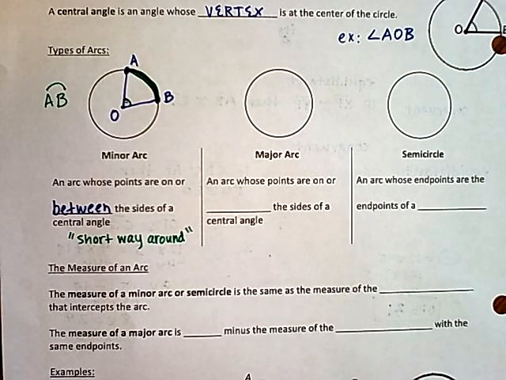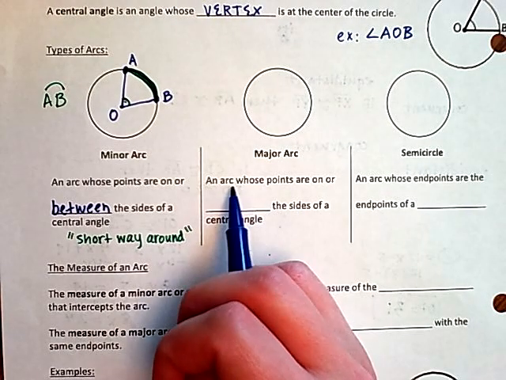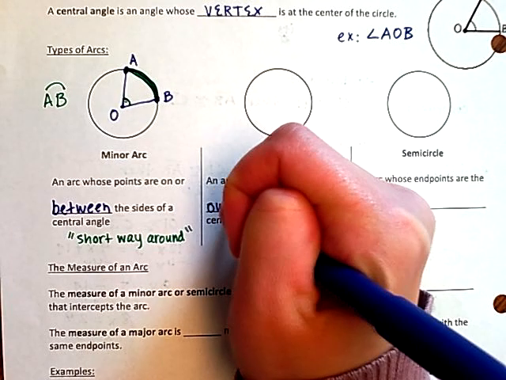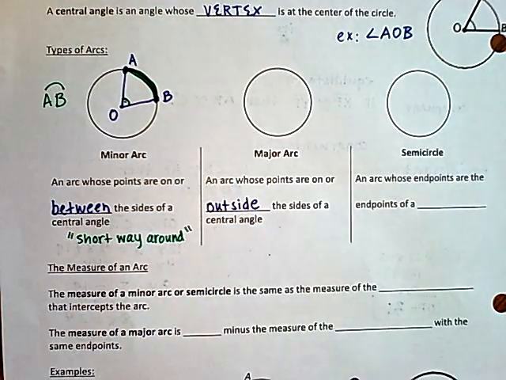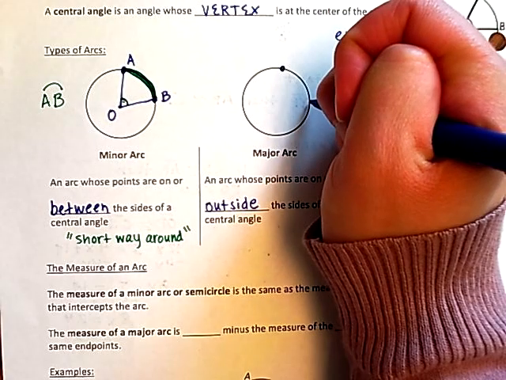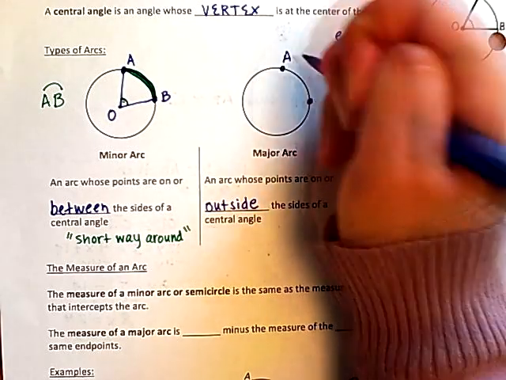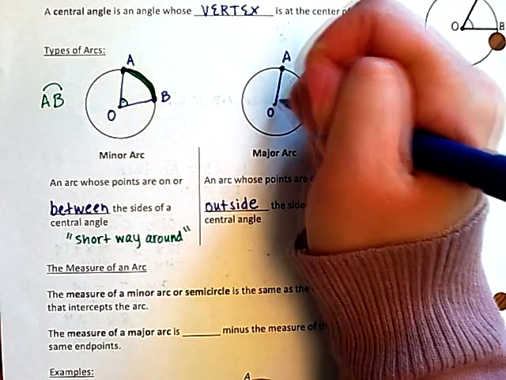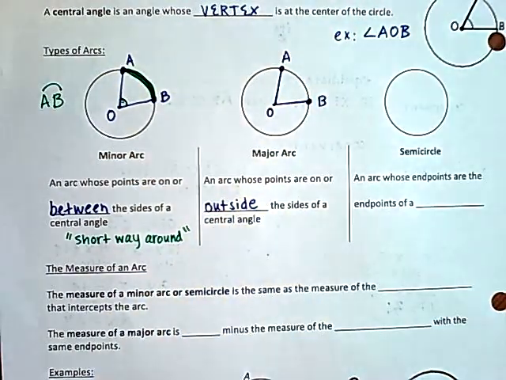We say a major arc is an arc whose points are on or outside the sides of a central angle. So I'm going to draw a really similar diagram. I'm going to try to put A and B in about the same place. And there's my central angle.